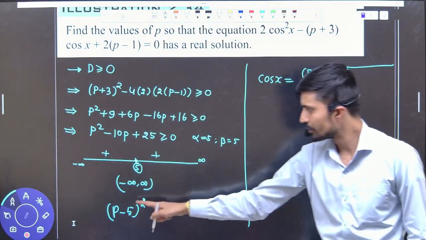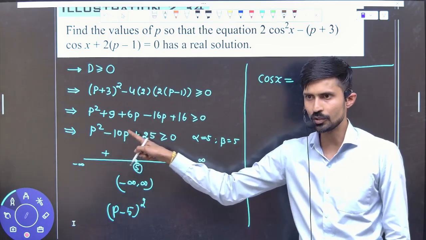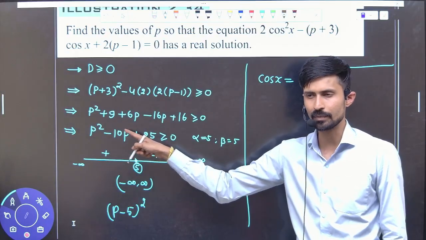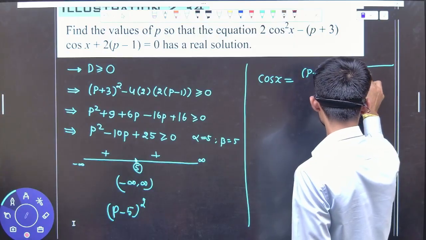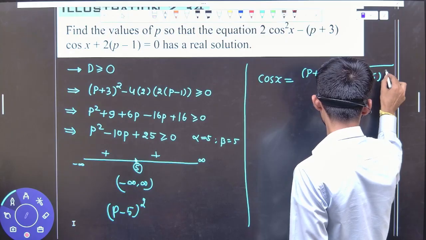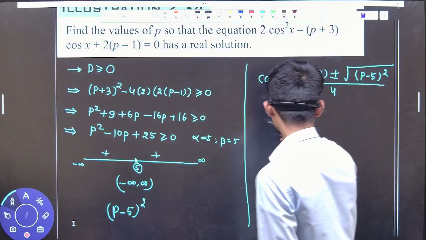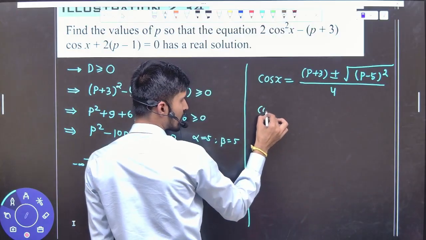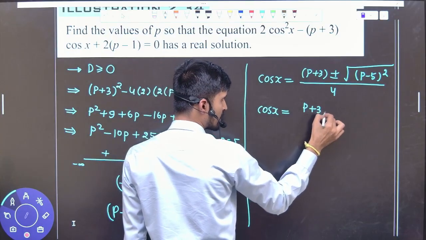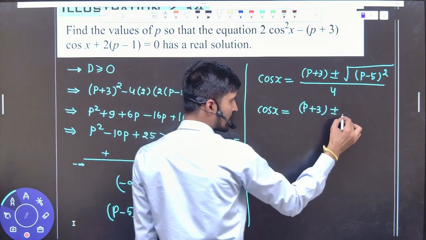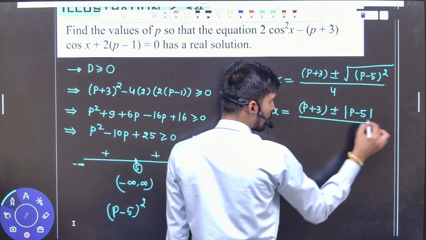So you can check here: p square plus 5 square minus 2 into 5 into p, 2 into 5, 10p. So that is p minus 5 whole square. So this will become p minus 5 whole square, upon 2a, and that is 4. Now we can write cos x is equal to p plus 3 plus or minus mod of p minus 5, upon 4.